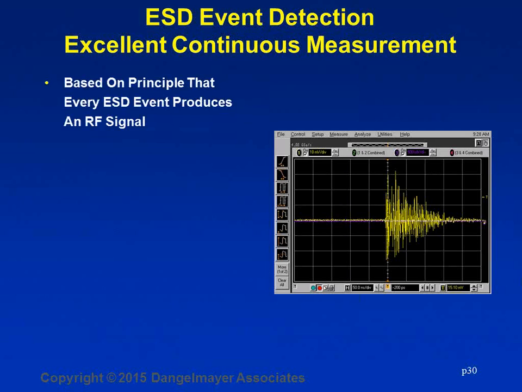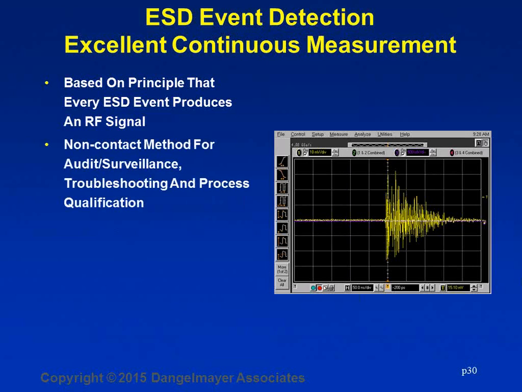And this detection strategy is based on the principle that every ESD event triggers an RF transient that can be measured. And it is also a non-contact method for auditing, surveillance, diagnostics, troubleshooting, and process qualification.